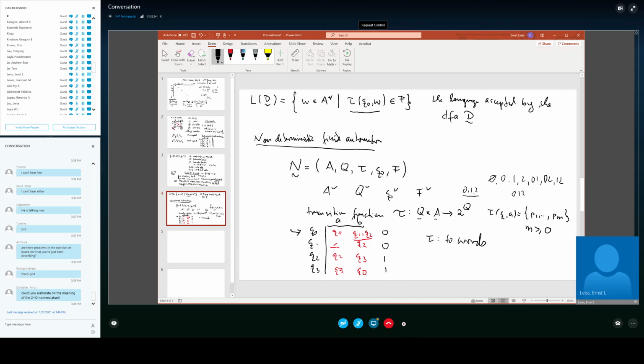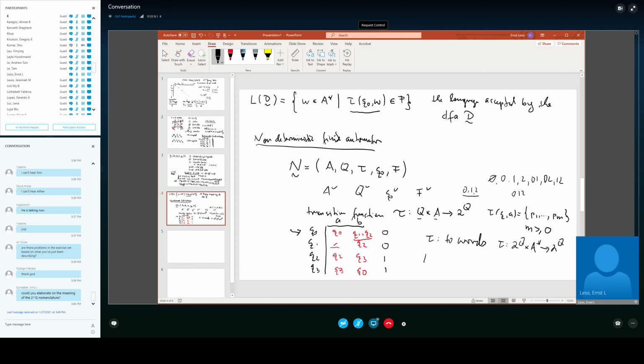Okay, so that means we have to extend that to words, but that creates problems. So we'll have to actually extend tau to the power set, cross A star, giving us the power set.